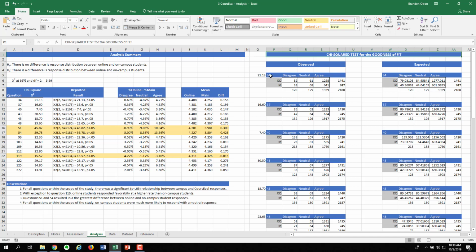I have a summary table for each of the survey questions. This number that you see right here represents the survey question number.